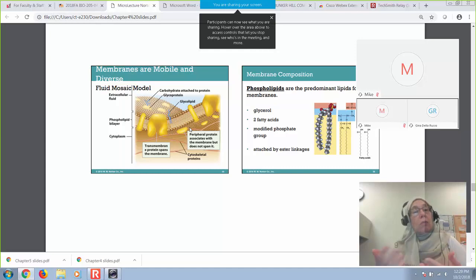But the cell at times does want to bring large molecules like sugars in for food, for creating energy like ATP. So it really has to use special proteins that are able to help the larger molecules or the ions. The ion channels also are transmembrane proteins that help ions get in or out. And then what moves freely across the lipid bilayer are things like water, and we know the definition of the movement of water across a membrane is osmosis.